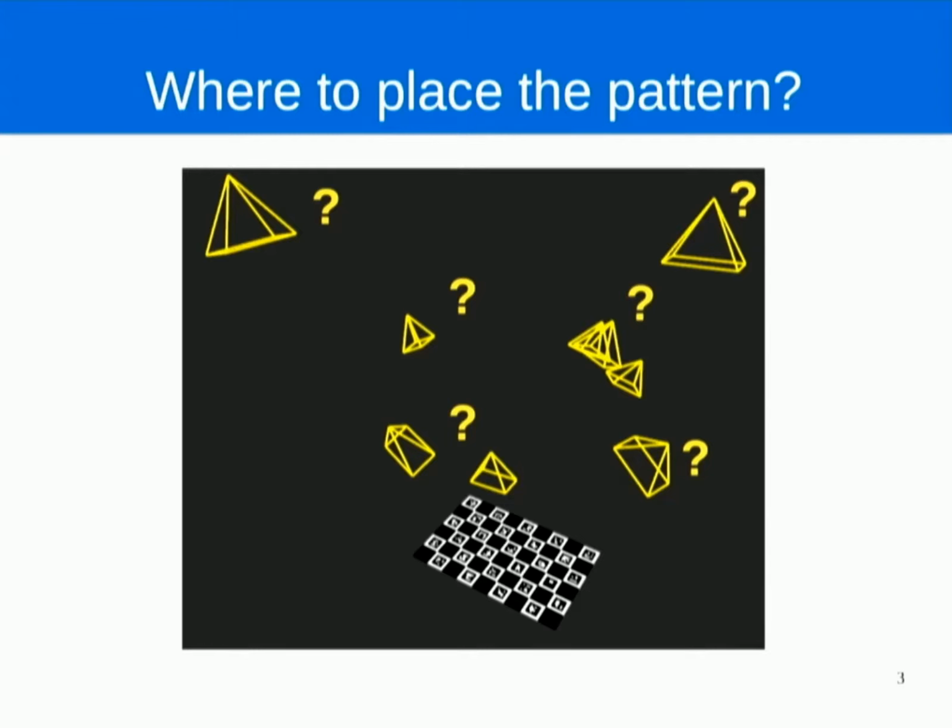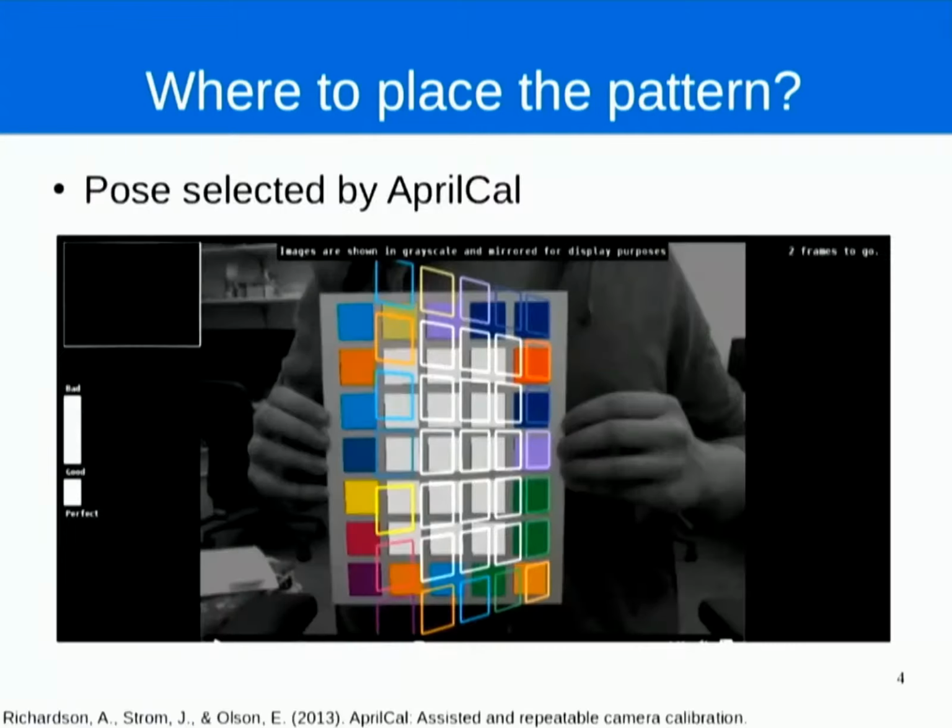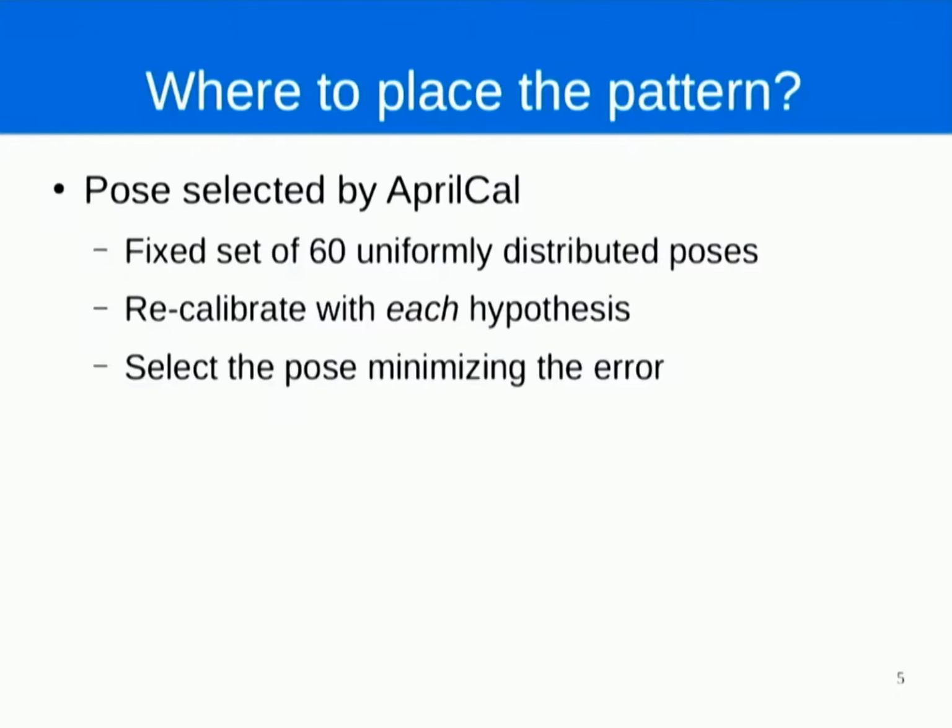There's a related work which actually tackles this question already, and this is AprilCal by Richardson et al. And what you see here is the method in action. The wireframe display is the target pose, and the user is now supposed to match it with the real target. So how did they arrive at this suggestion? Basically, they have a fixed set of 60 uniformly distributed poses in the view space.